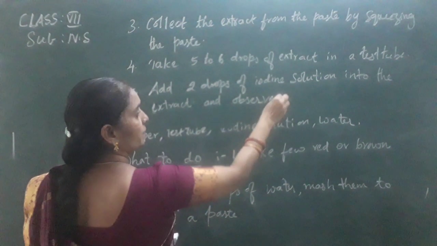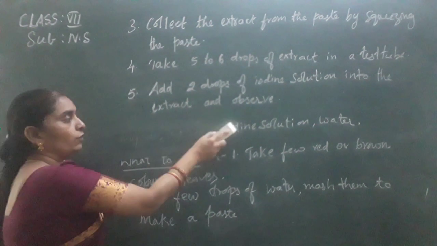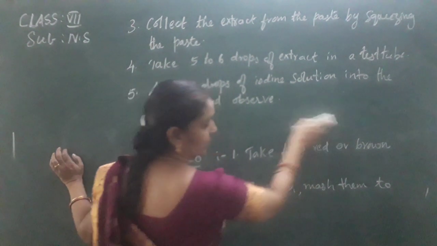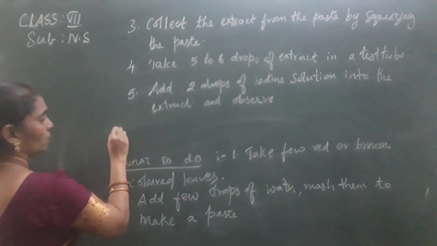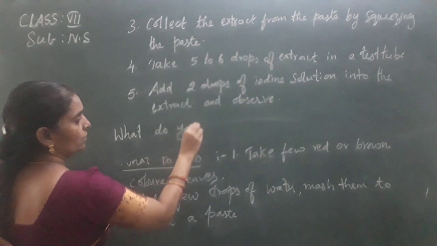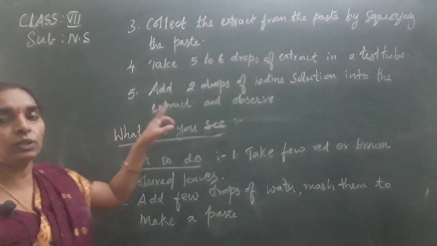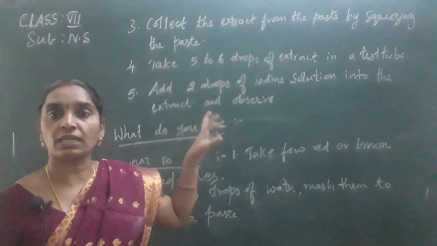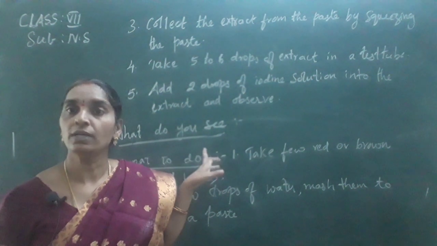Observation means what did you see? What do you see after the experiment you have done? That is the next side heading you are going to write. What do you see? In a test tube the extract converts to blue or black color, which confirms the presence of starch in it.